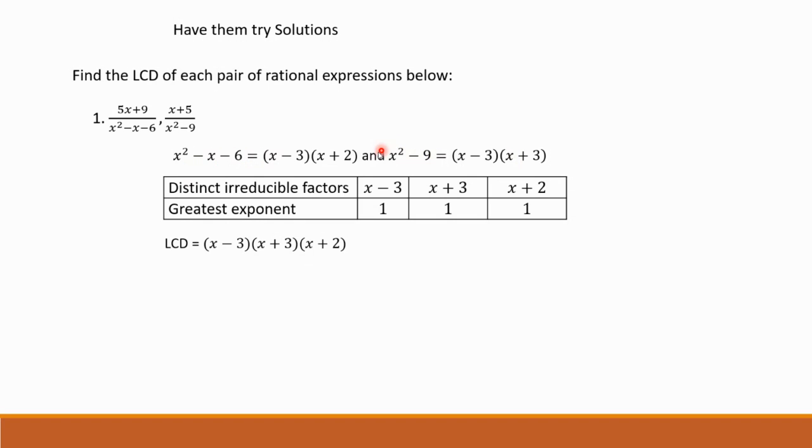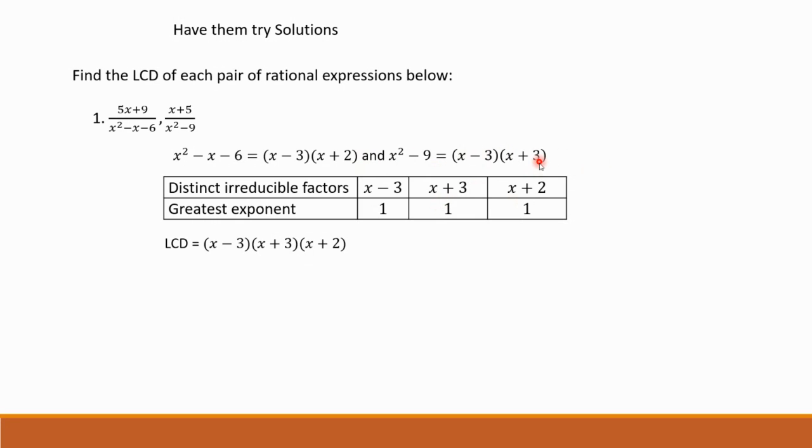You can see that here we have x minus 3, and the only exponent of it is 1. We see it here and here. X plus 2, the only exponent is 1.